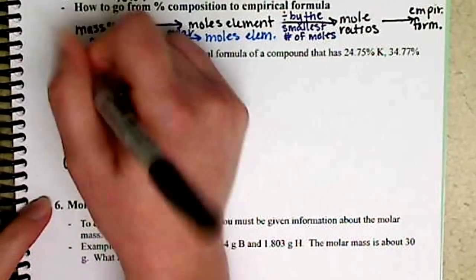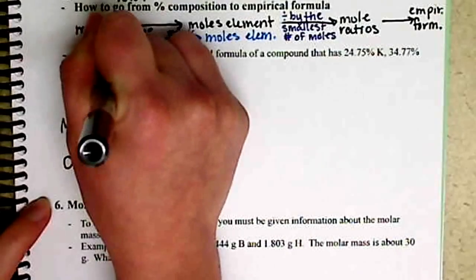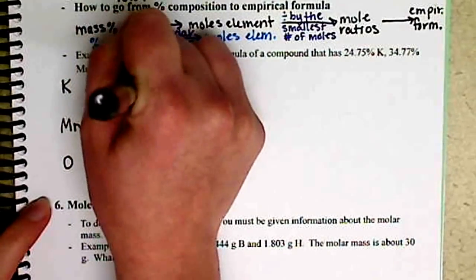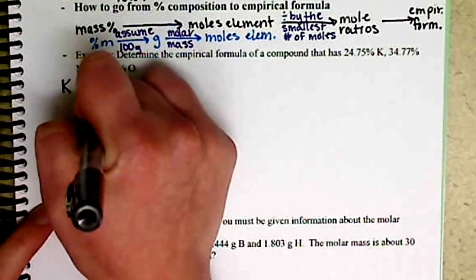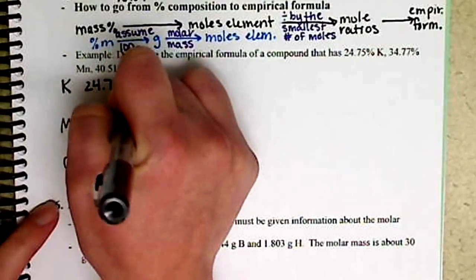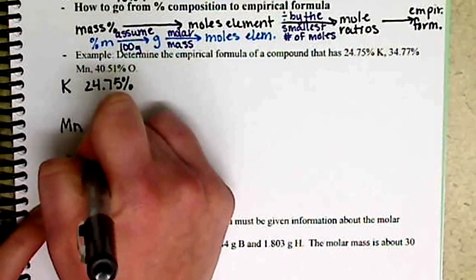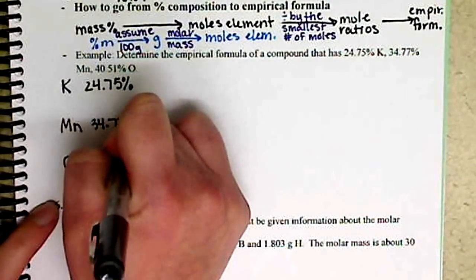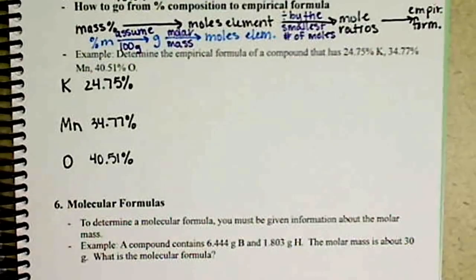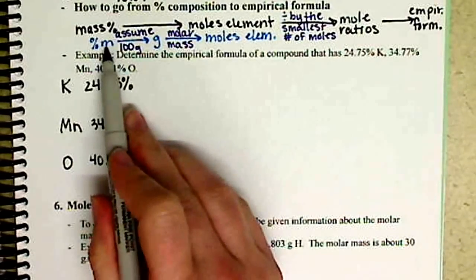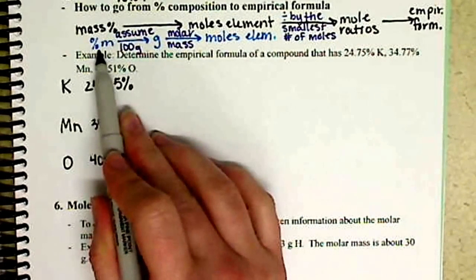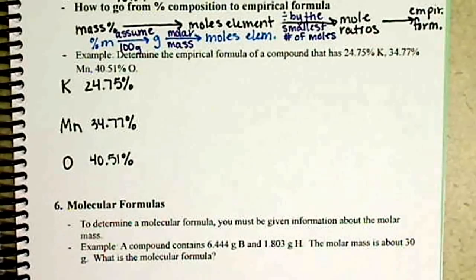We start with we have percents. So we have 24.75%, 34.77%, and 40.51%.